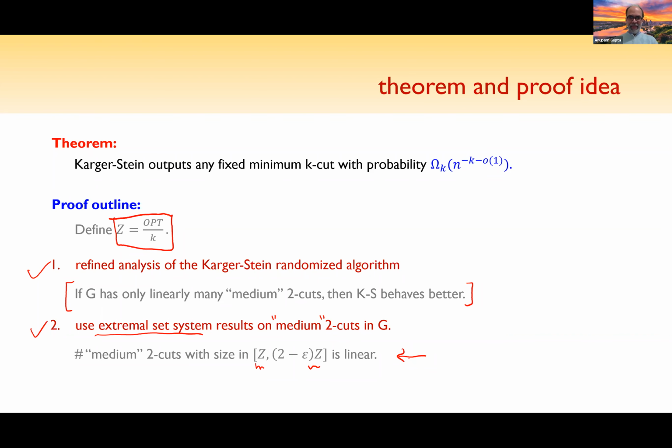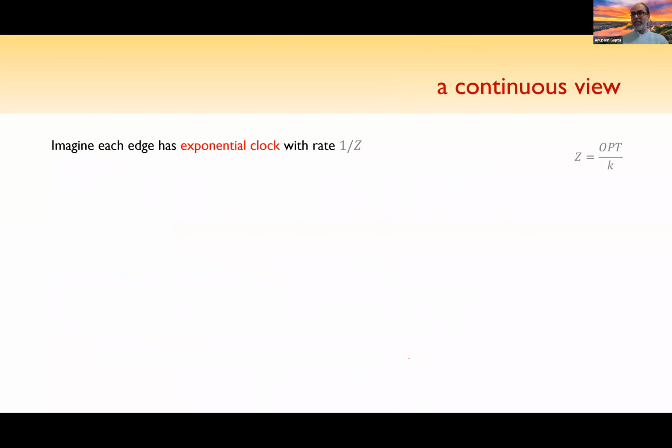Okay. Good. So what am I going to do? I'm going to just analyze Karger-Stein again, but in a slightly different way. I'm going to have this continuous viewpoint that every edge has an exponential clock with some rate 1 over Z. Z, remember, is like this opt over k.